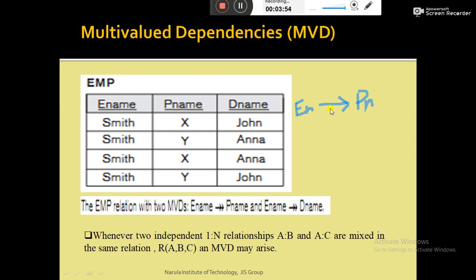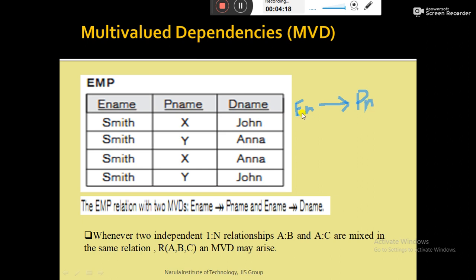No, the answer is no. We can't write en arrow pn. Why? Because for a particular value of en, there is no unique value of pn. For instance, if you provide en, for example Smith, en means employee name. Again I am repeating, en means employee name, pn means pname.